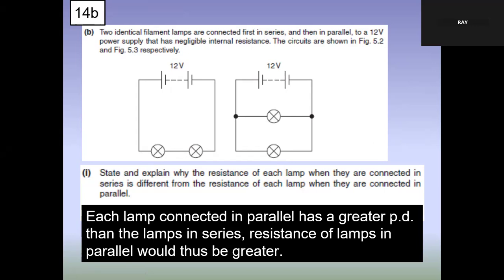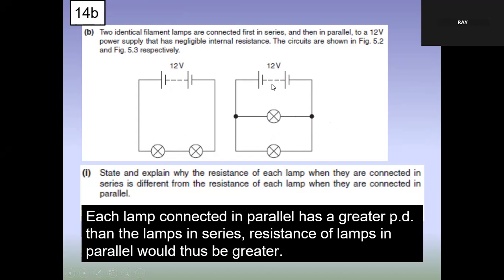Which one requires more energy to light up? This one will be brighter. This one will be less bright, because it is 6 volt only across it. This one is 12 volt across it. So the parallel one needs more power supply, right?